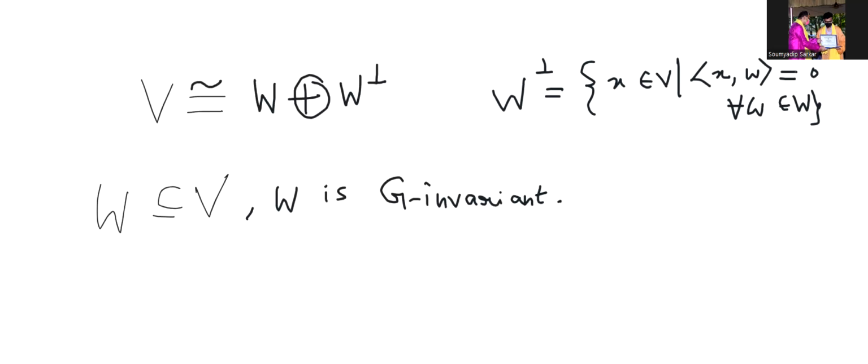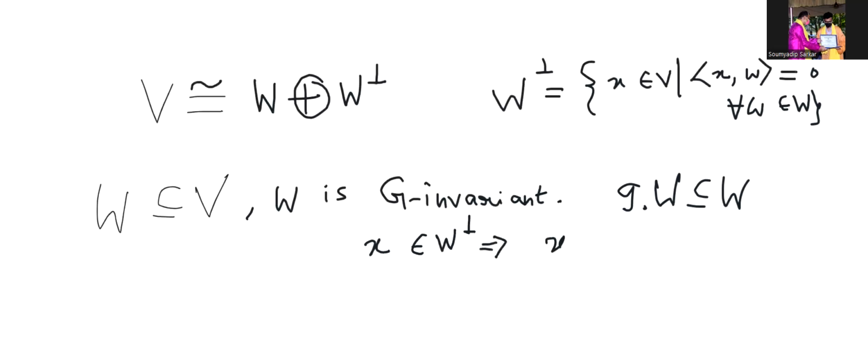First of all, if W is G invariant, that is G dot W is contained in W, you can also check that W perpendicular is also G invariant. That is very easy to check. Because if x belongs to W perpendicular, that implies the inner product of x, w is 0, and my inner product is invariant under the action of the group, right? So I can push a G inside, that will also be 0.